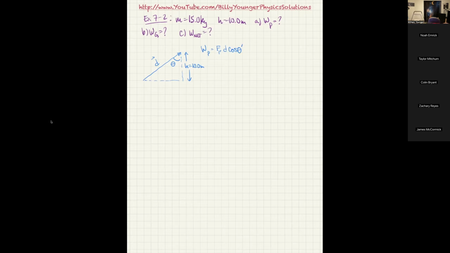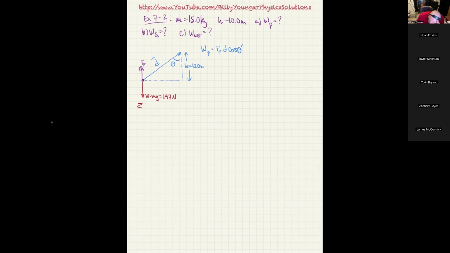What we want to realize is that the force the person applies is going to be in the upward direction. So here's our little mass, here's the force by the person. In addition to that, we have a force by weight equals mg, and that is 147 newtons, pointing that way.